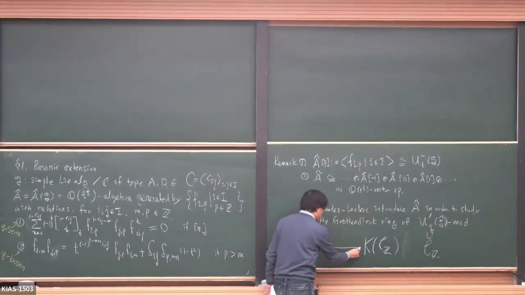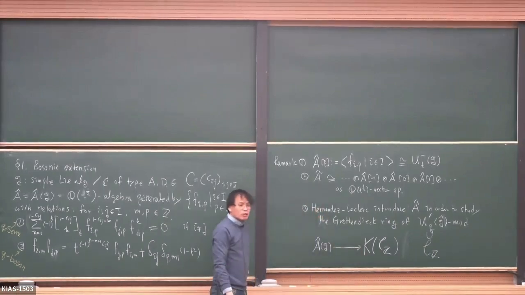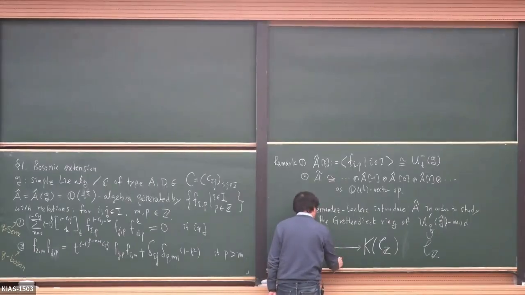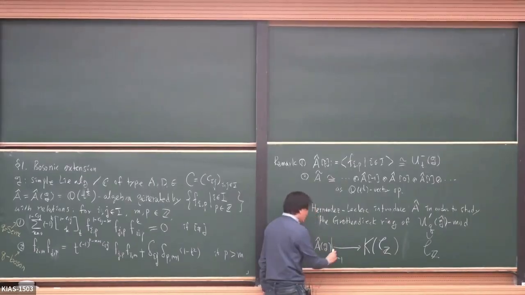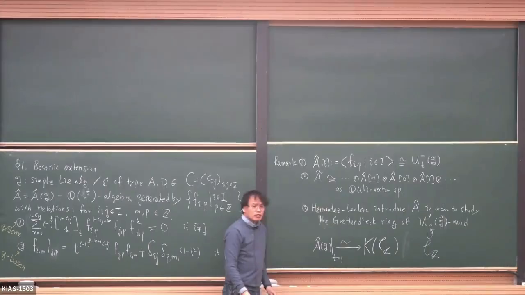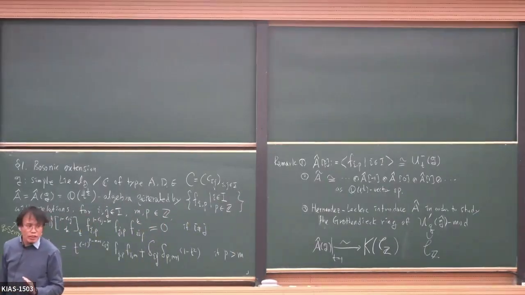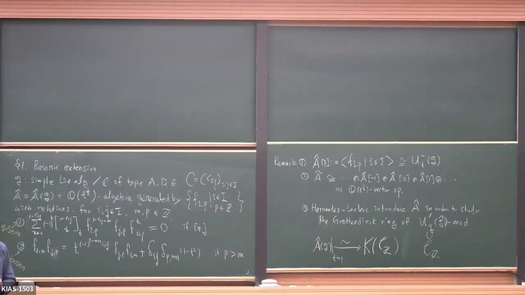There is a homomorphism from here to here. And actually, if you specialize t equal to 1, then they are isomorphic. So the bosonic extension is the t-deformation of the Grothendieck ring of the finite dimensional module category of quantum affine algebras.